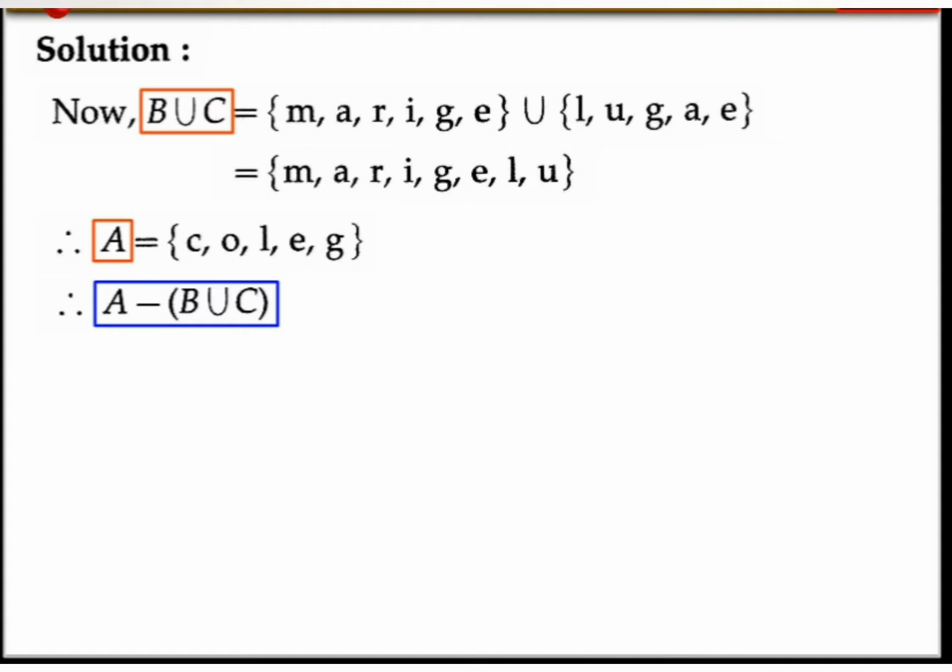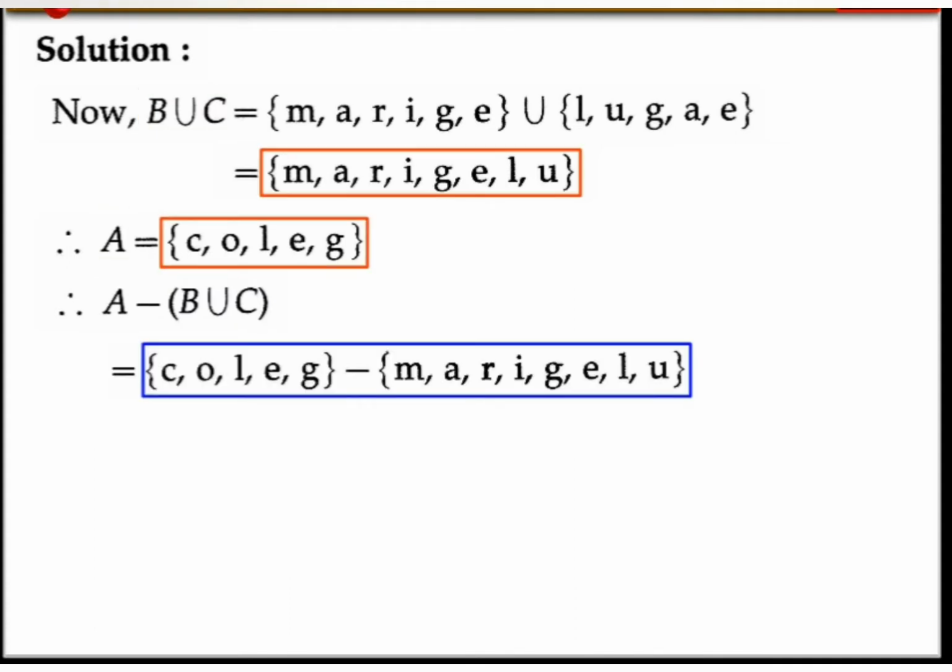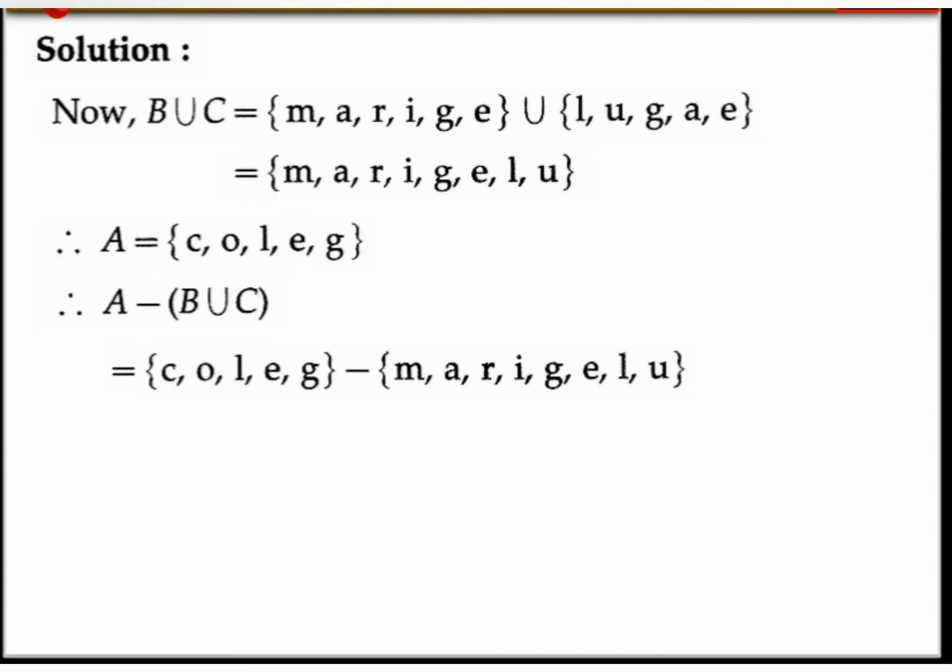Now A − (B ∪ C) would be {C, O, L, E, G} − {M, A, R, I, G, E, L, U}, which means it is {C, O}. Let us put it as 1.